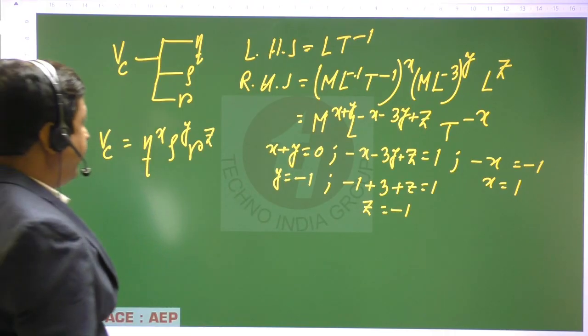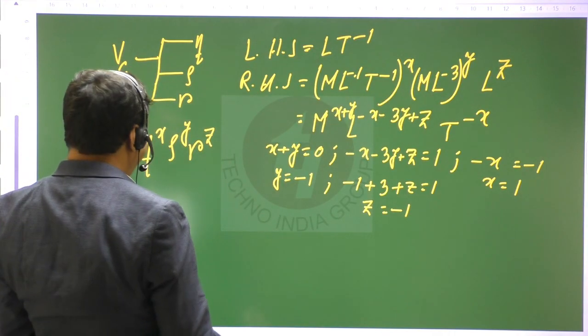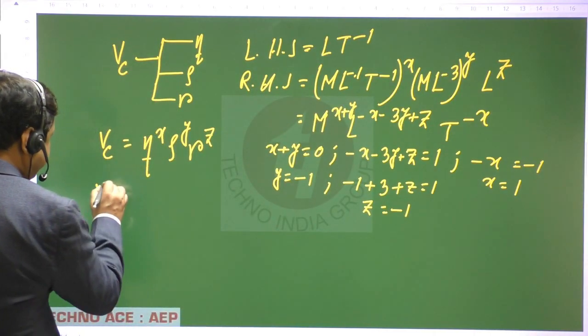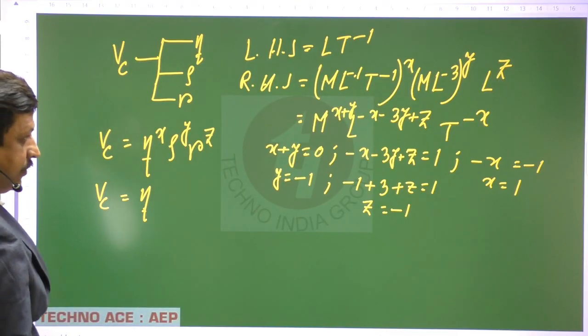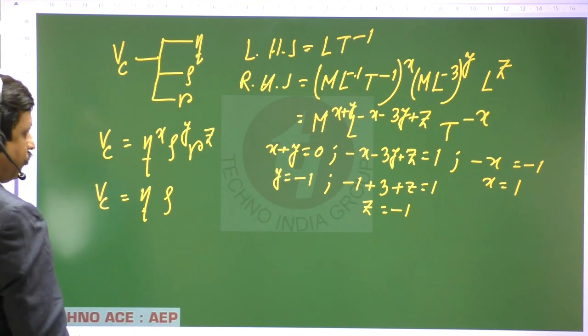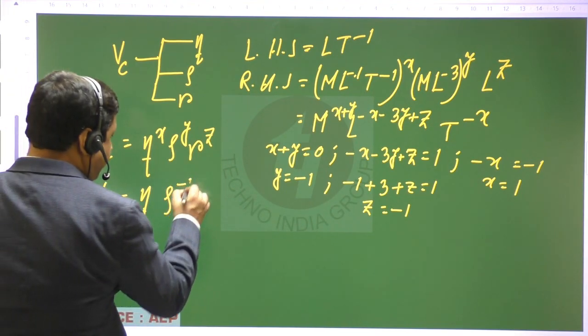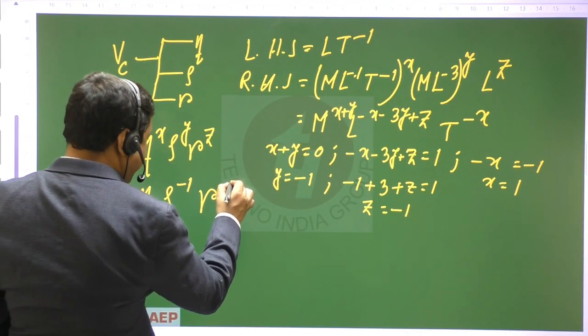So the relation will be Vc equals eta to the power x, x is 1, rho to the power y, y is minus 1, and r to the power z, that is minus 1.